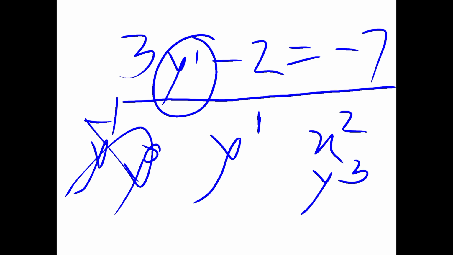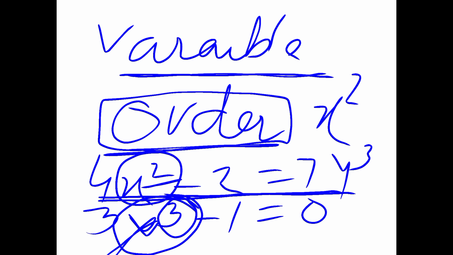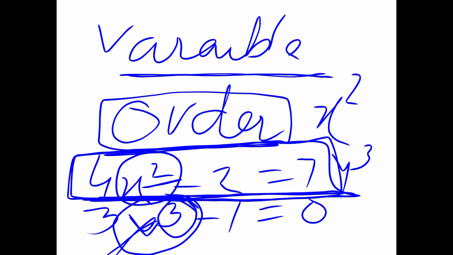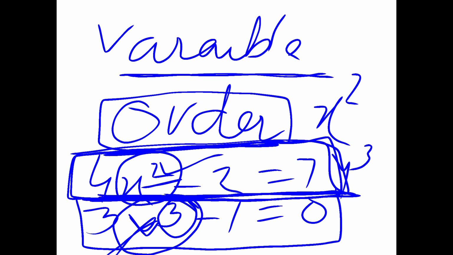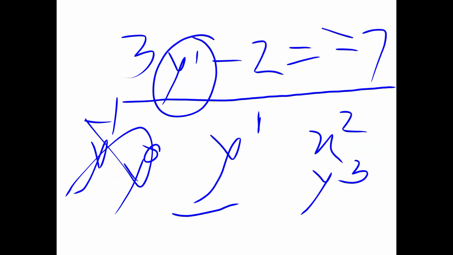So we can say that now there is only one variable, and this gives the degree of a polynomial. So what is the highest power in this equation? Highest power is 2, so we can say 2 is the degree of this equation, right? And what is the degree of this equation? Since the highest power is 3, its degree is 3. And what is the highest power in this equation?